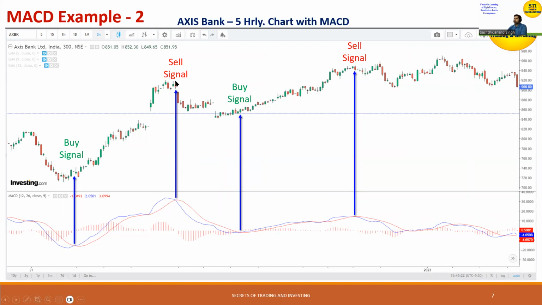And again, the negative crossover is giving the sell signal, and there are a few more examples of buying and selling based on the MACD positive and negative crossovers.